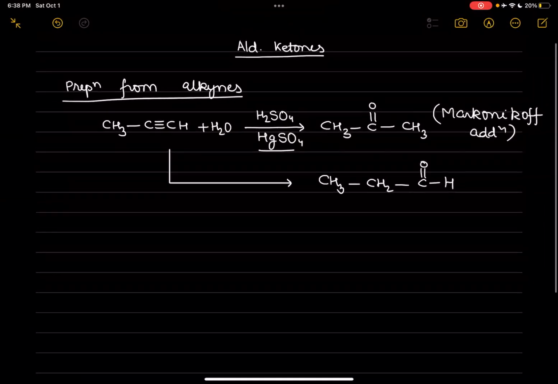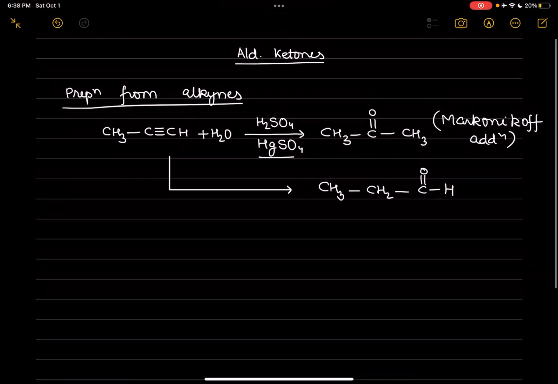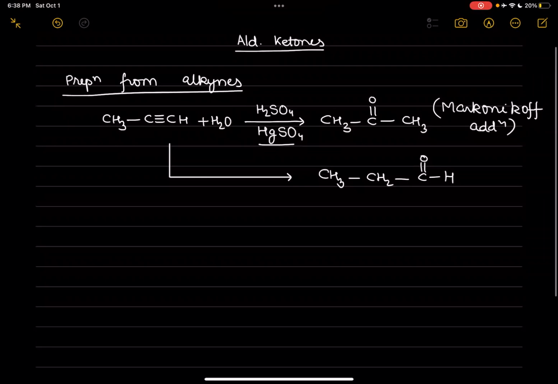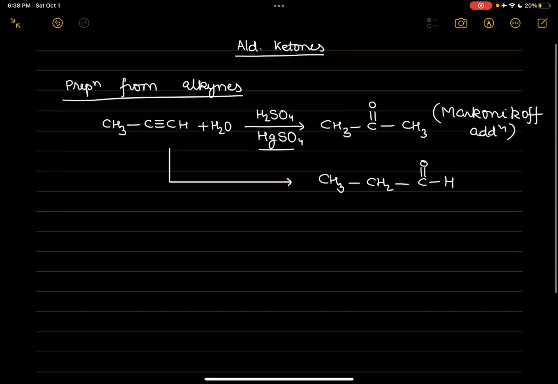Any idea? Actually, you need to remember it because we did the addition of water in anti-Markovnikov fashion on alkenes also. That's why I'm asking. So just try to recall that and apply the same thing here also. Yeah.